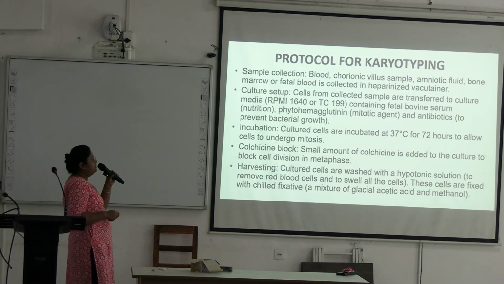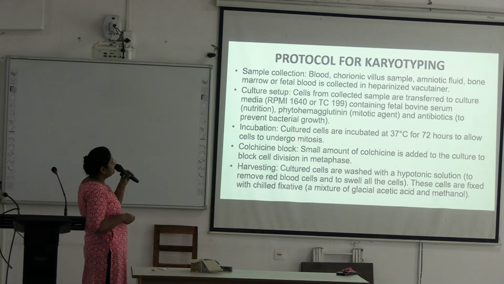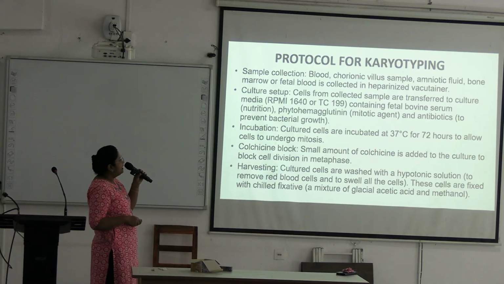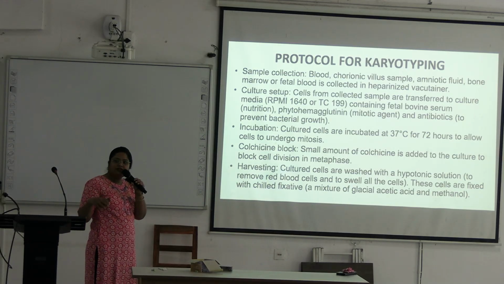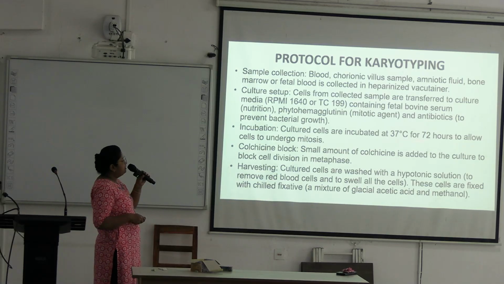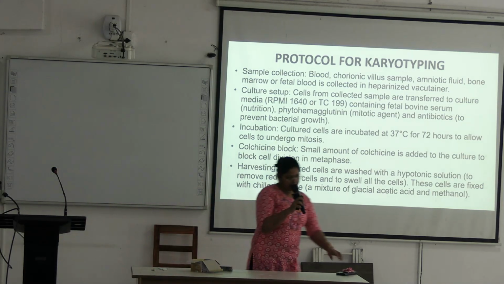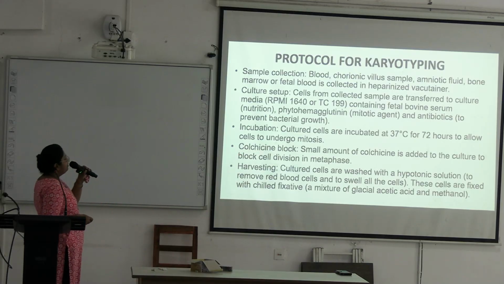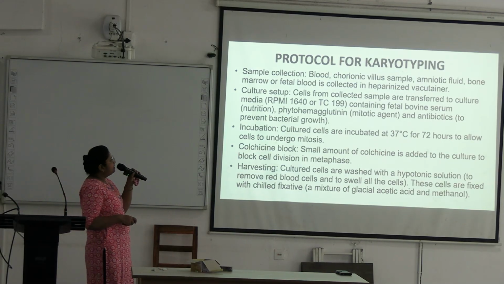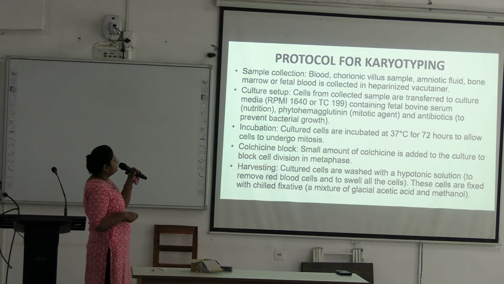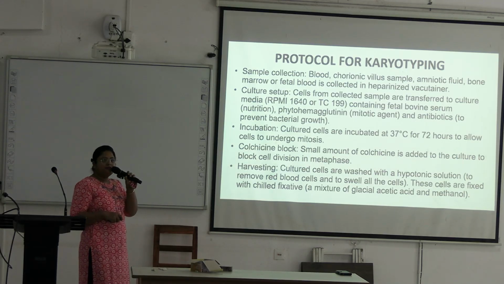Then there should be incubation. The cultured cells are incubated at 37 degrees centigrade, which is normal body temperature, for 72 hours to allow the cells to undergo mitosis. So next is colchicine block. A small amount of colchicine is added to the culture to block the cell division in the metaphase.